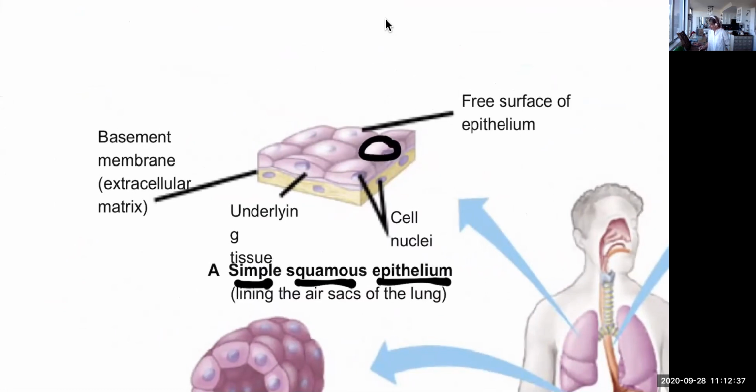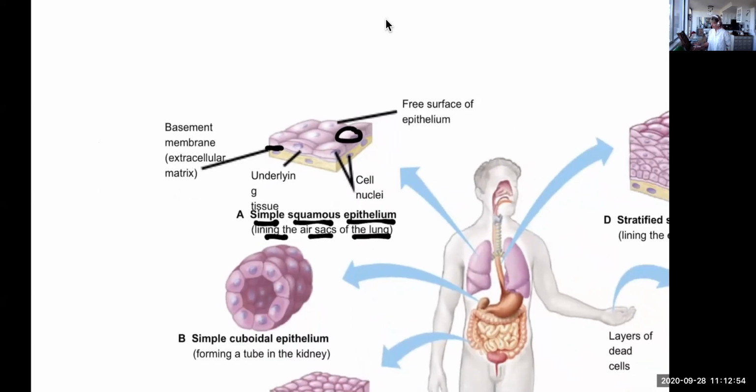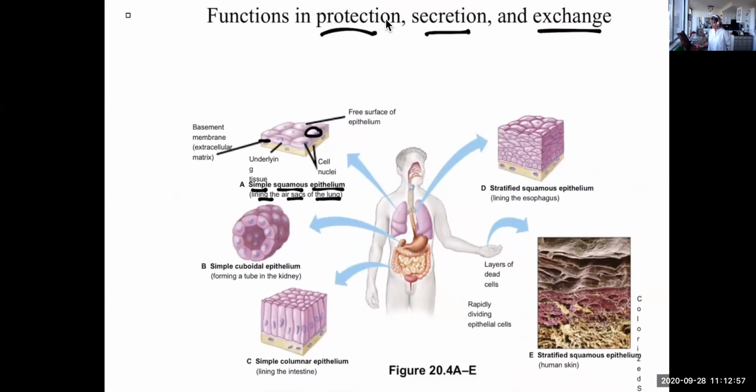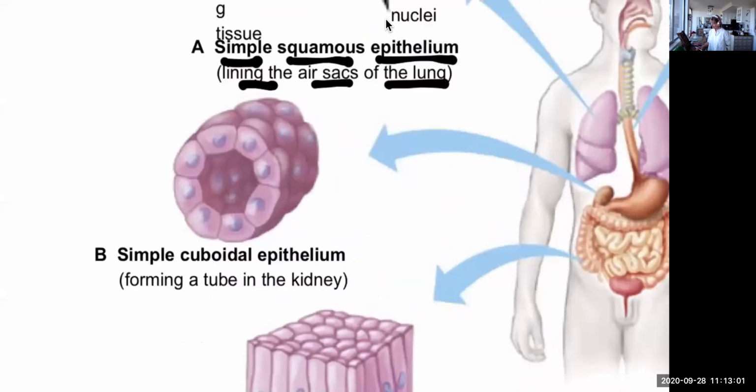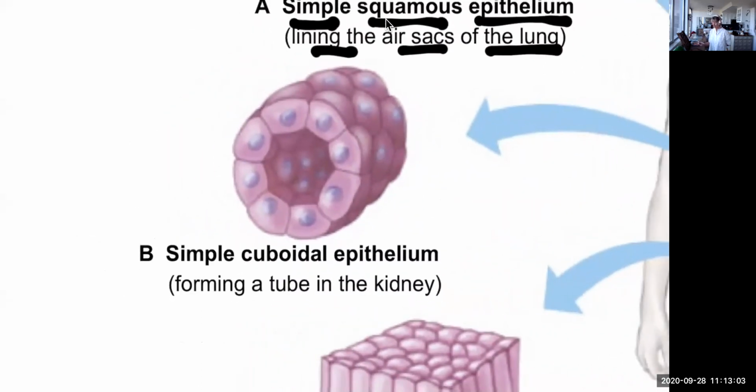They have a basement membrane. They line, for example, the air sacs of the lungs. They also line blood vessels. And they are largely for exchange. We'll look at these all separately too, by the way.